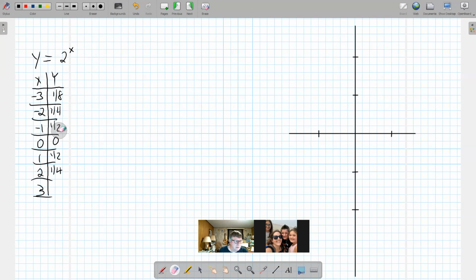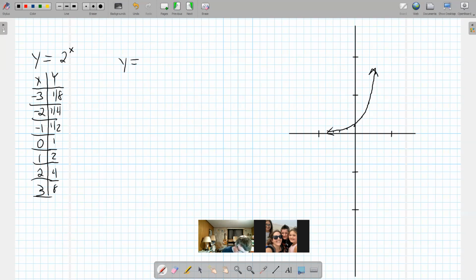All right, let's see here. This is 1/8, 1/4, 1/2, 1, 2, 4, and 8. So this was the graph of 2 to the x.